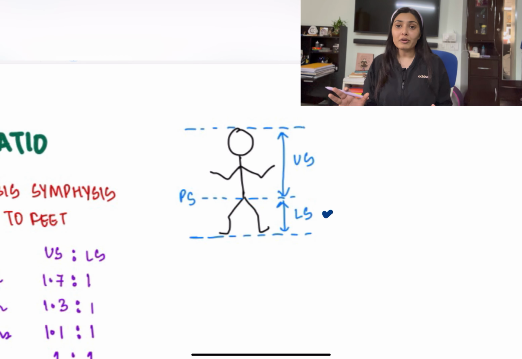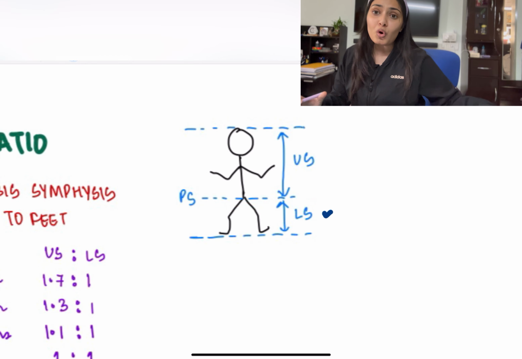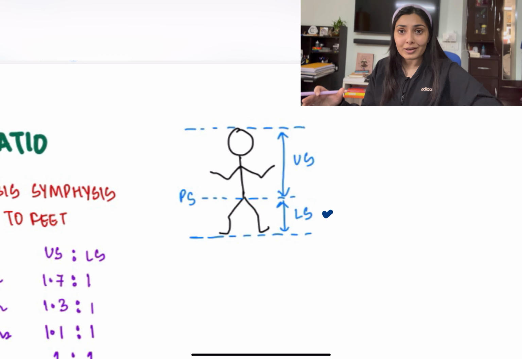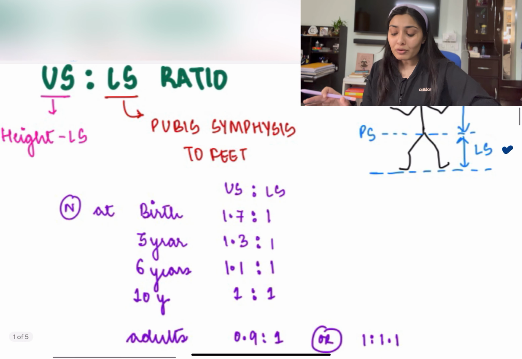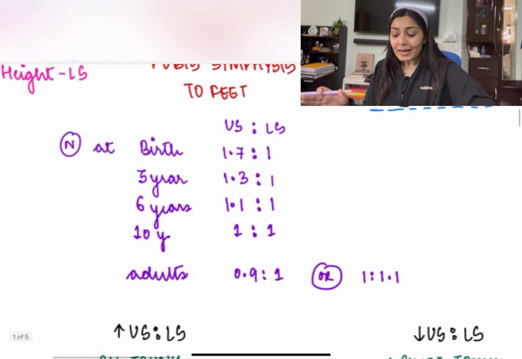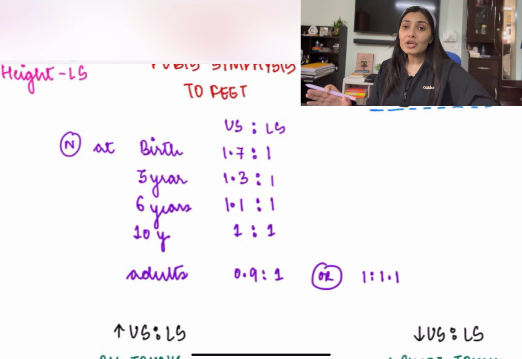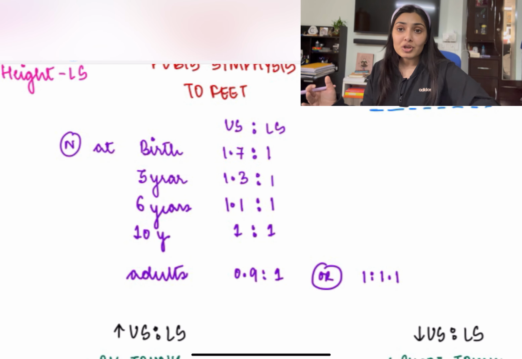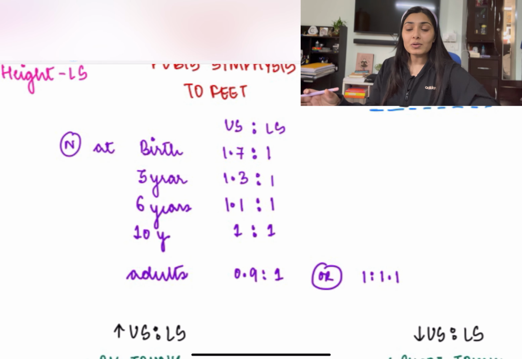So the overall upper segment lower segment ratio is going to decrease. The normal ratio at birth is 1.7:1, and at 3 years of age it is 1.3:1. At 6 years of age it is 1.1:1, and at 10 years of age it becomes 1:1, and after that adult ratio is achieved, that is 0.9:1, also written as 1:1.1, right?